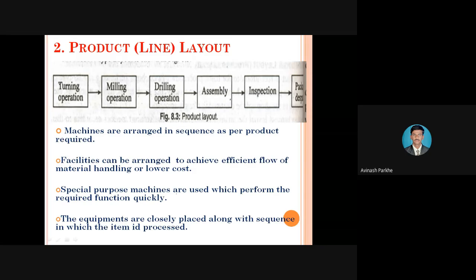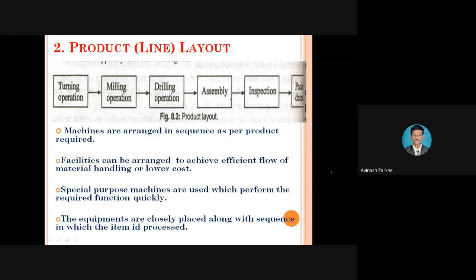Then special purpose machines are used, which perform the required functions quickly. So in this particular product layout, some special purpose machines are also provided. Special purpose machines in the sense that, in between turning and milling operations, you may sometimes have to utilize a CNC machine or a VMC machine.